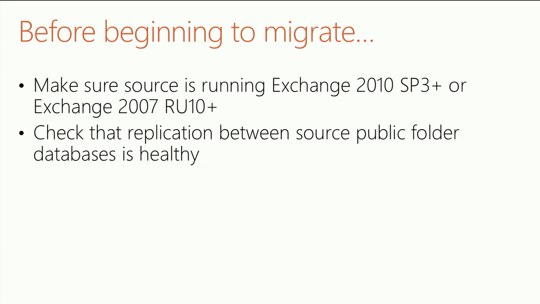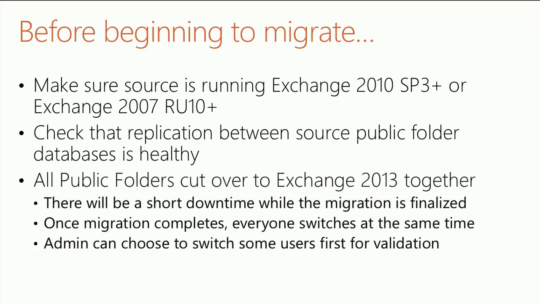And then, of course, it would be good that the replication of your public folders is healthy. That's a common issue when you're wondering why the migration doesn't work correctly. One key to remember is that all public folders migrate or cut over together. So it's either or; there's no coexistence.